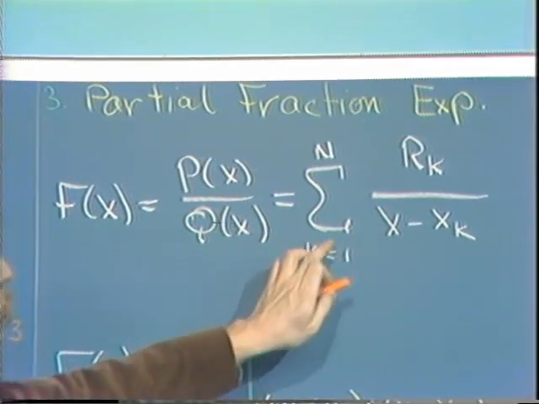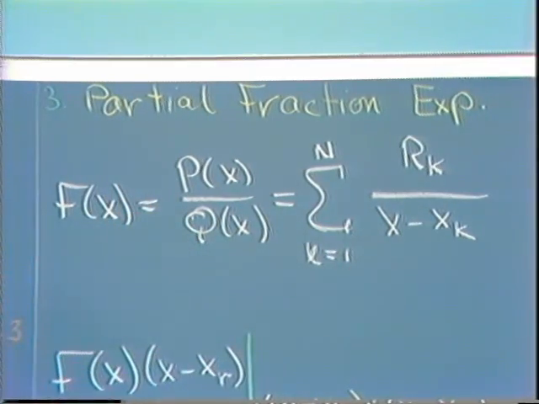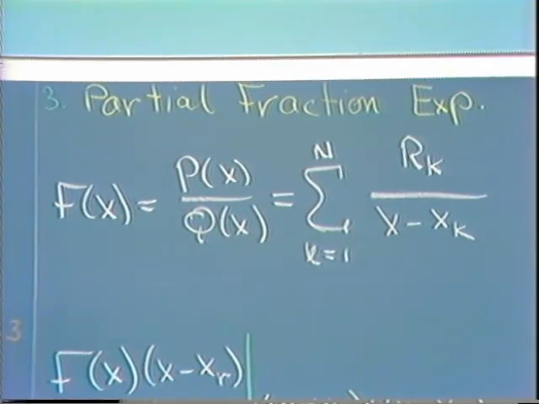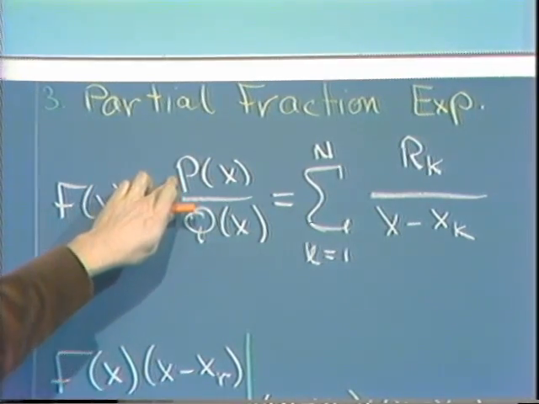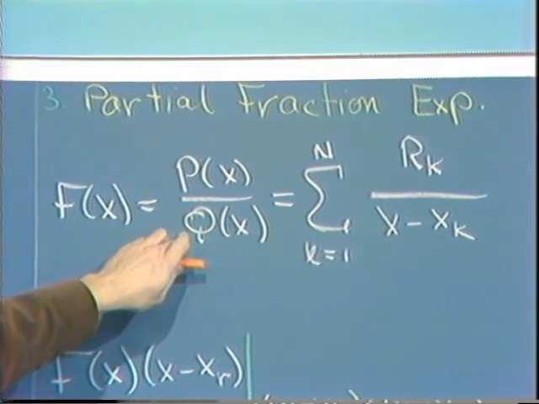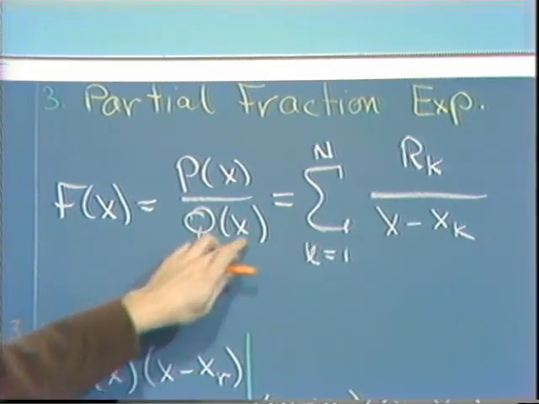Now, to expand this rational function in this form without additional terms, I need to apply the restriction, which I'll do for the purposes of this lecture, that the order of the numerator polynomial is less than the order of the denominator polynomial, and that in addition, there are no multiple order roots of the denominator polynomial.